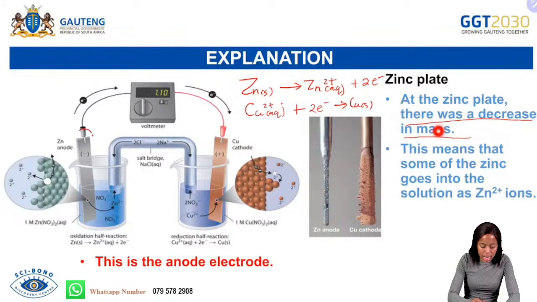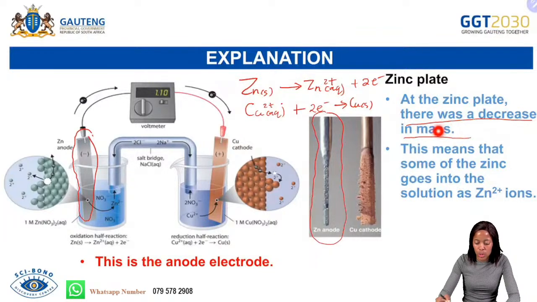So if initially this was the zinc plate, then as the two reactions are occurring, the zinc plate is going to decrease in mass. It says this means that some of the zinc goes into the solution as what? As Zn2+. So what are we saying now? We are saying that when it comes to the anode, the Zn solid, it means it's moving from what?